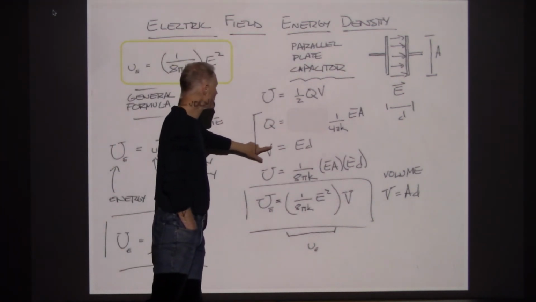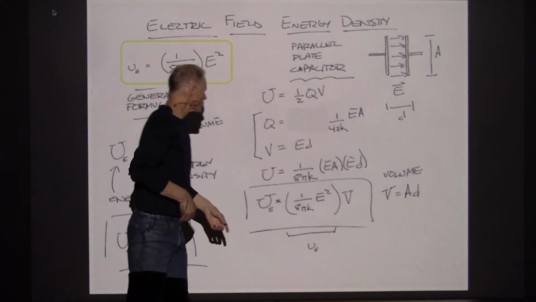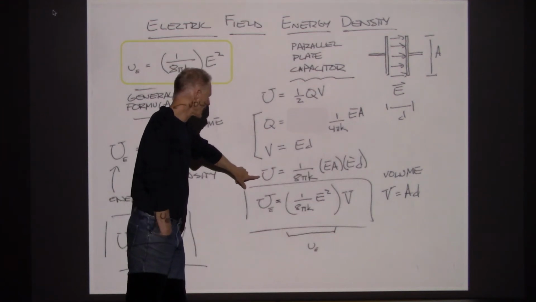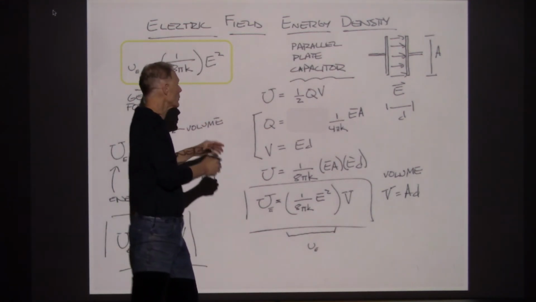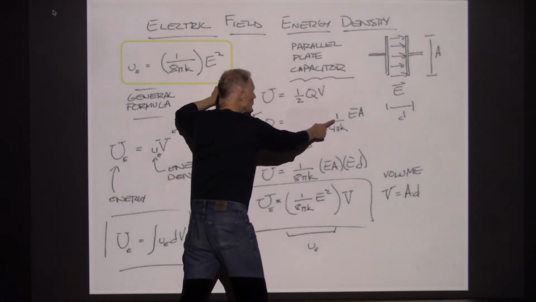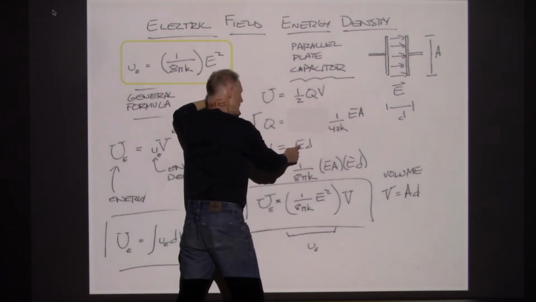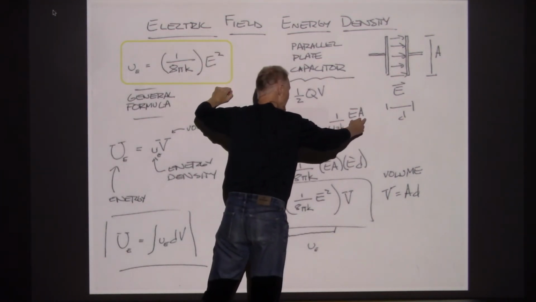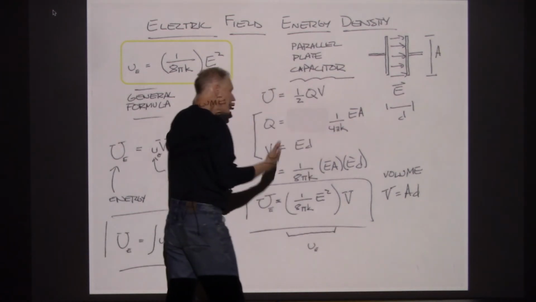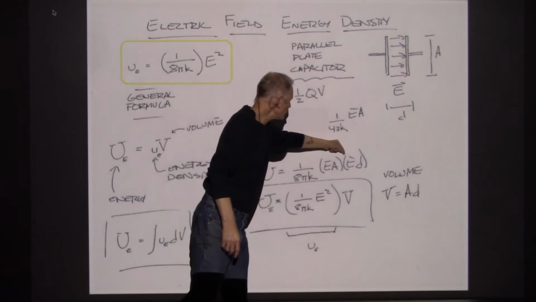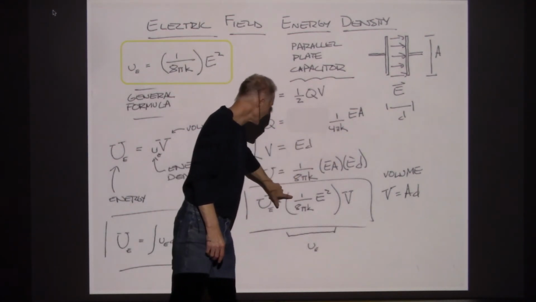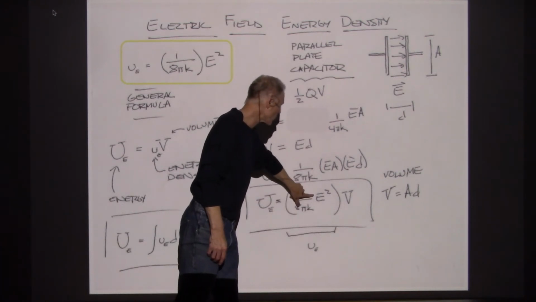And then the voltage would be E times D. So the total energy that I've stored in a capacitor, if I combine everything together, is 1/2 times 1/4 pi k. That gives me 1/8 pi k. And then I've got a factor of ED and a factor of EA. I can bring those two factors of E together. That gives me 1/8 pi k E squared.